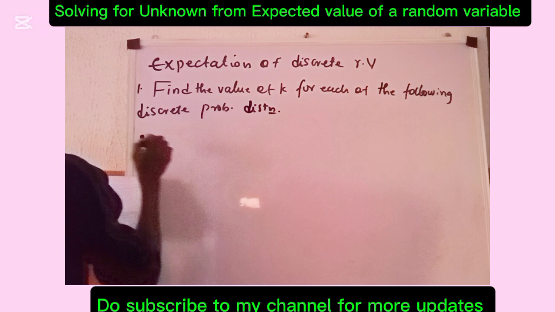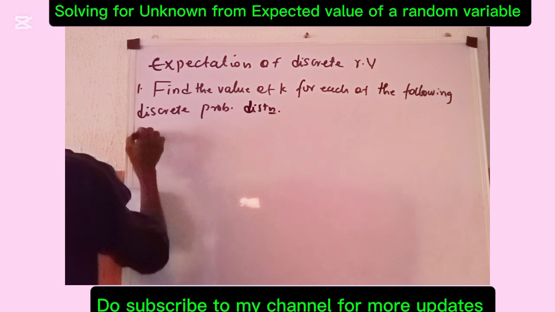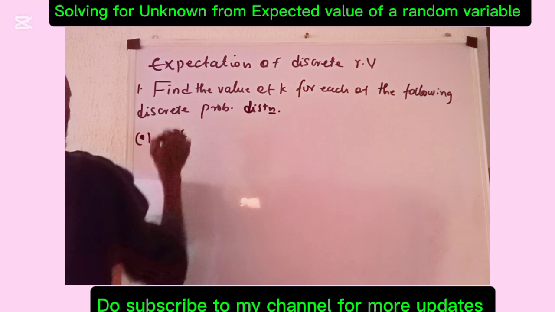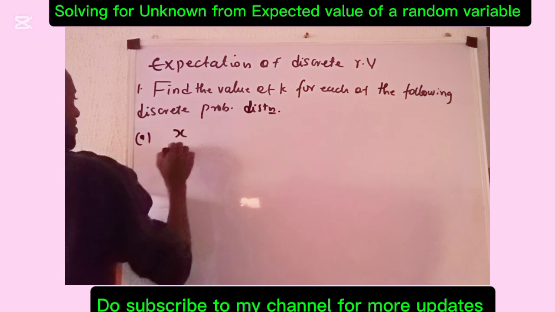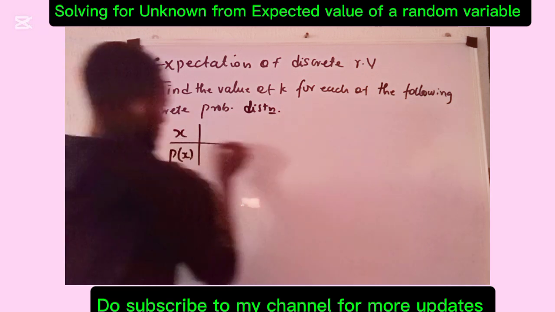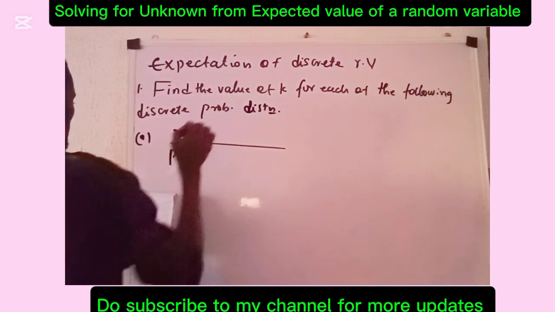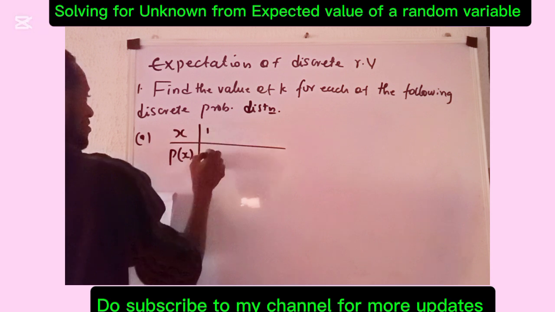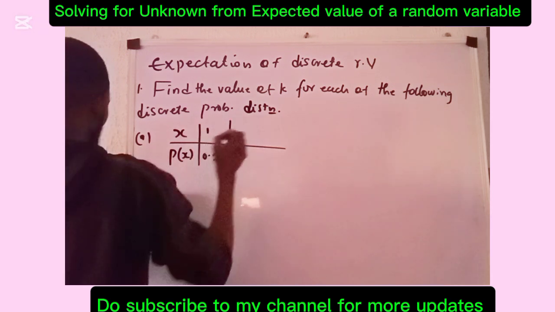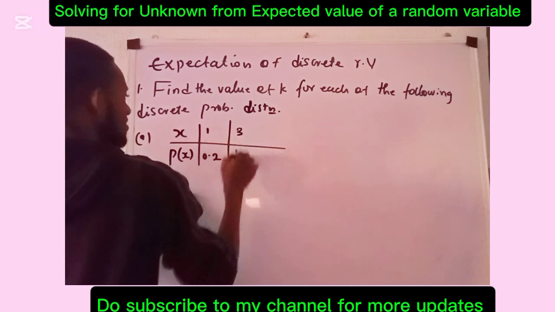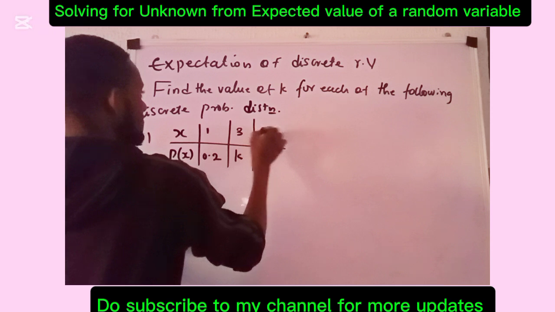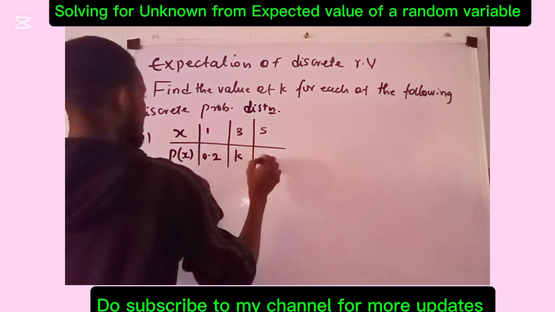This is A. A says X, and this is P of X. Here is 1, here is 0.2. Here is 3, here is k. Here is 5, here is 0.2.